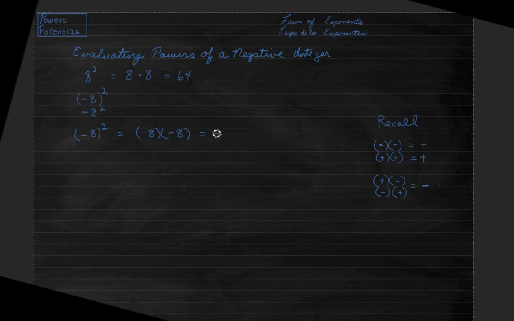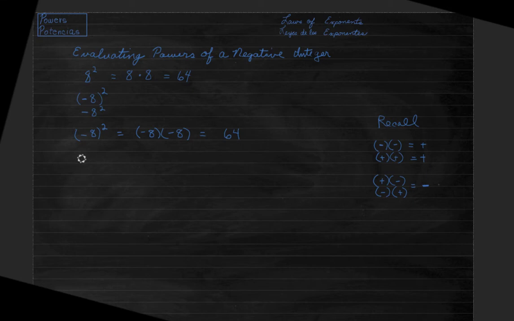Now, because it's a positive, there is no need to put a positive sign. So I will remove the positive sign and simply write 64. And that's basically it. We have just found the value of negative 8 raised to the second power.